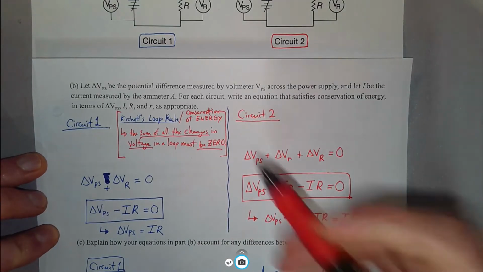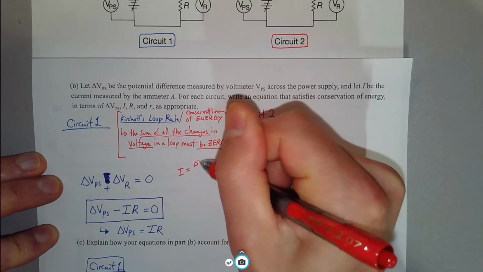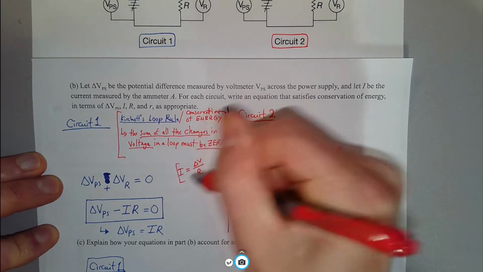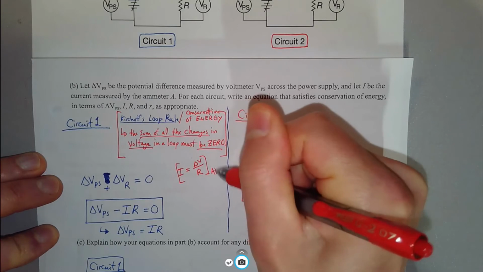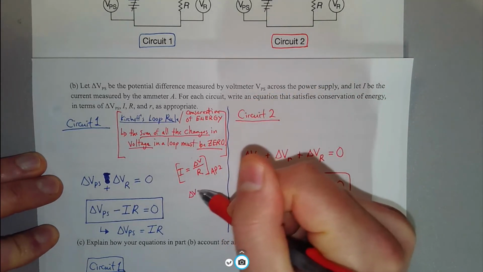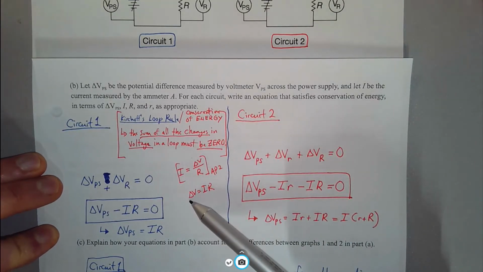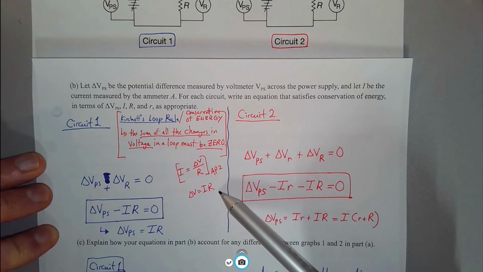I know we've done this a lot, but how do we know what the voltage drop is across anything? Well, we go back to Ohm's law from the AP Physics 2 equation sheet. If we rearrange that for delta V, the change in voltage across anything is equal to the current through it multiplied by its resistance.